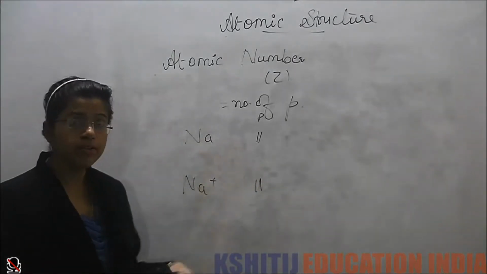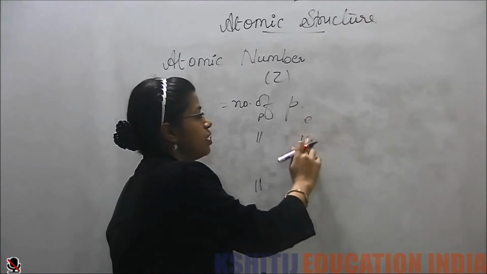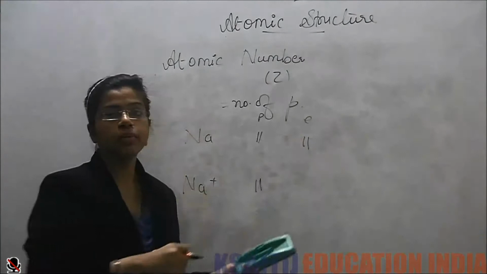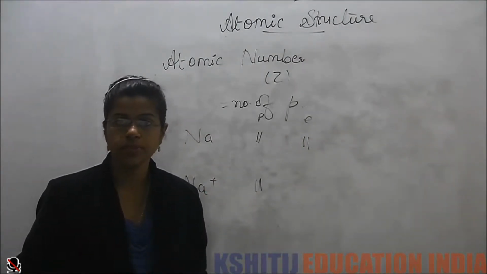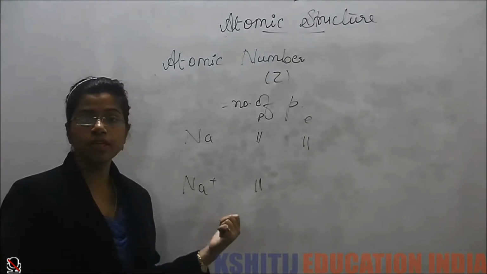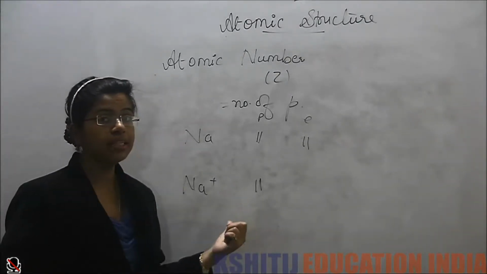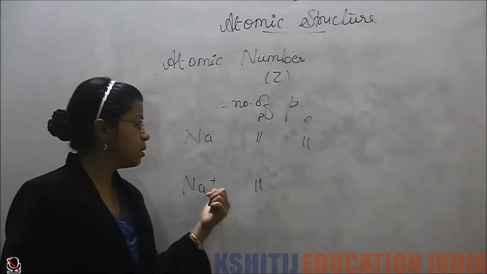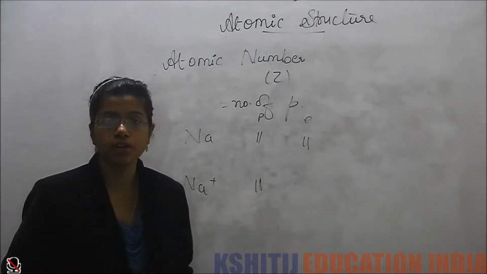Now coming to number of electrons, here it would be 11 only because it is neutral in nature. So obviously total number of protons has to be equal to the total number of electrons, right? And in case of sodium ion, since it is carrying one positive charge, that means there must be a loss of electron so that the number of protons becomes more than the number of electrons.